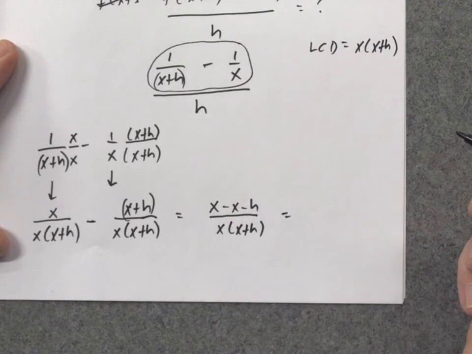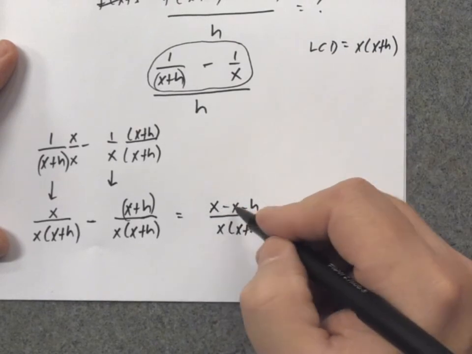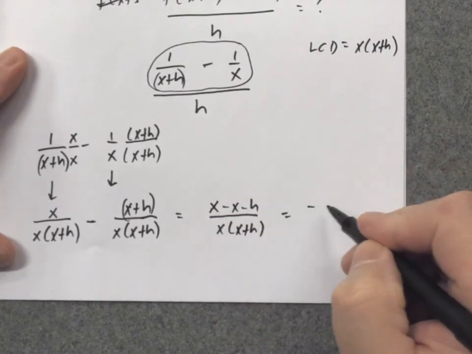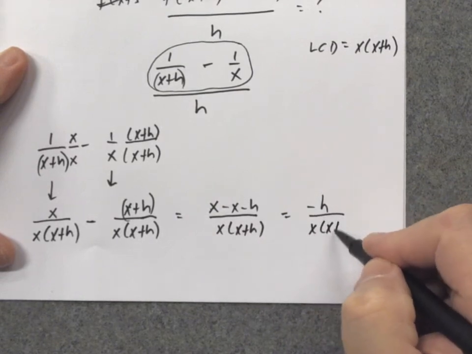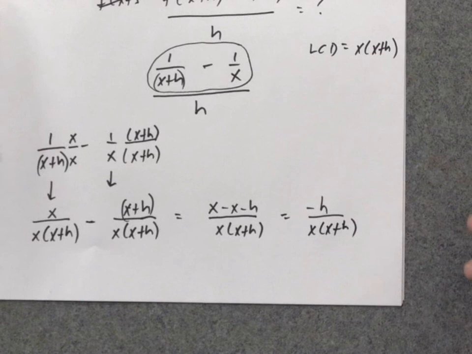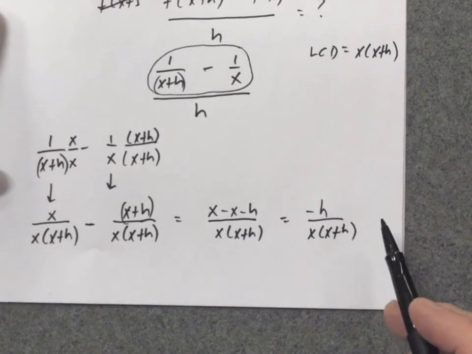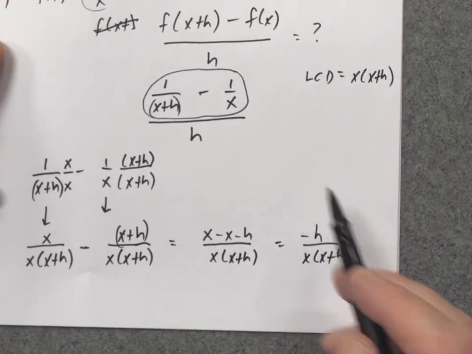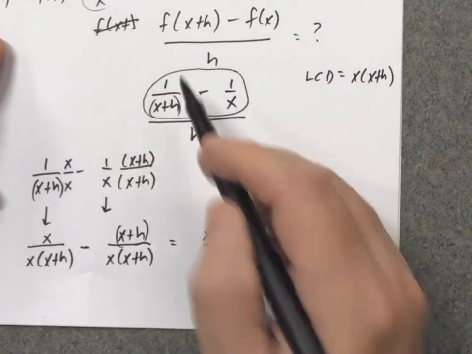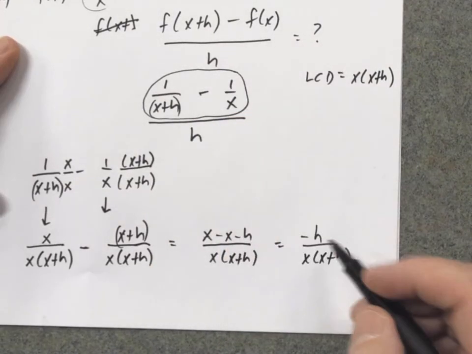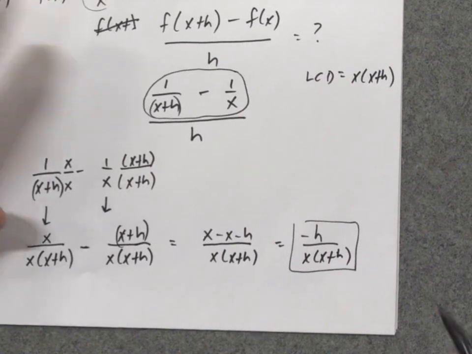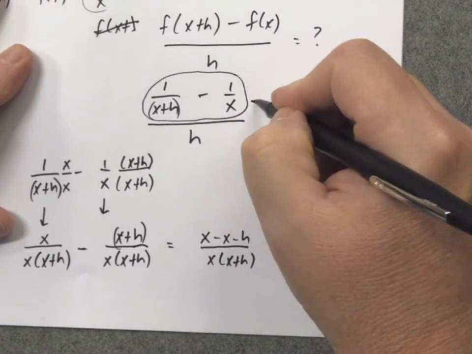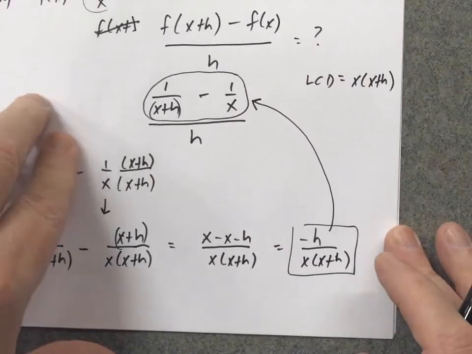So x minus x, these cancel out. I'm actually left with negative h over x times x plus h. So what have I gotten? So this whole numerator here is now this. So let's go ahead and plug this back in up here and let's see what we've got.